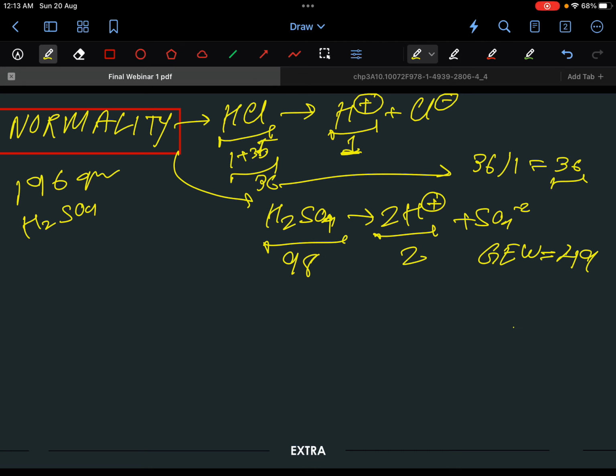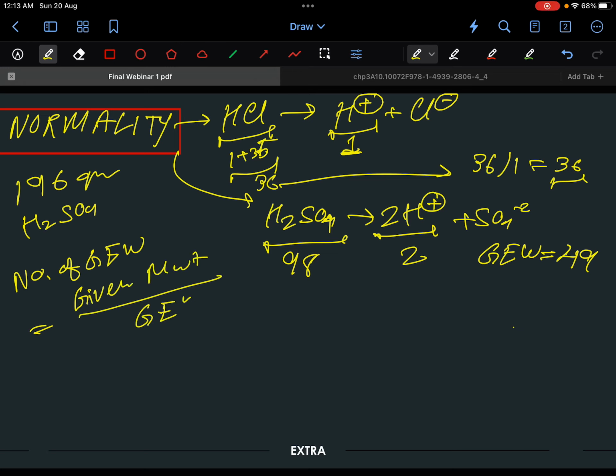Simply we have to divide, right? So the number of gram equivalent is equal to the given weight divided by gram equivalent weight. This is the n, the number of gram equivalent present in 196 gram.